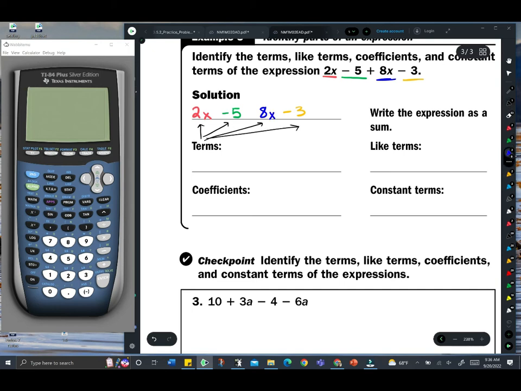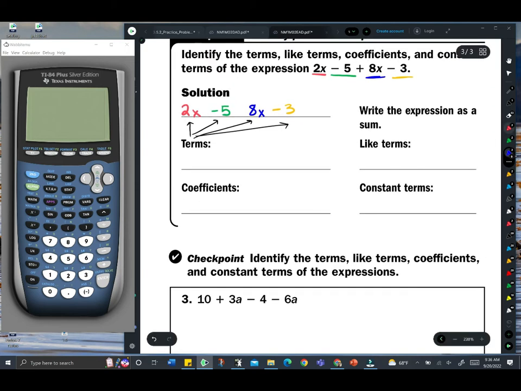Negative 8x I should have here. Coefficients of those terms. So we actually are going to combine our like terms. So like terms, anything that have the same variables and the coefficients combine.